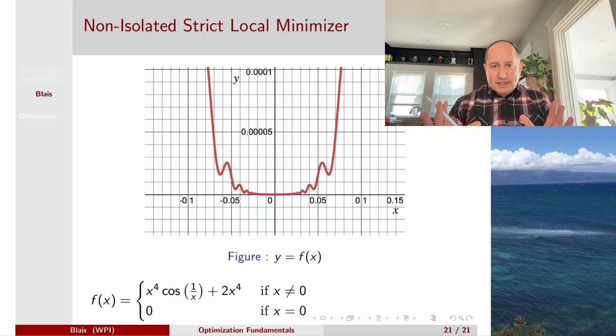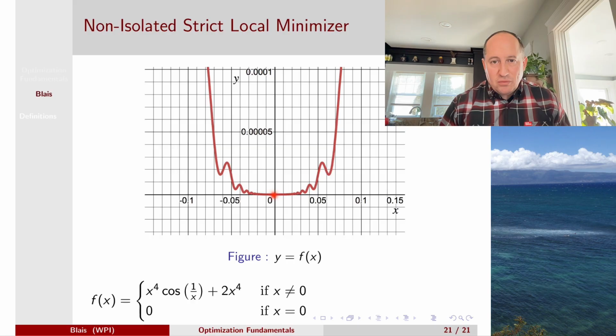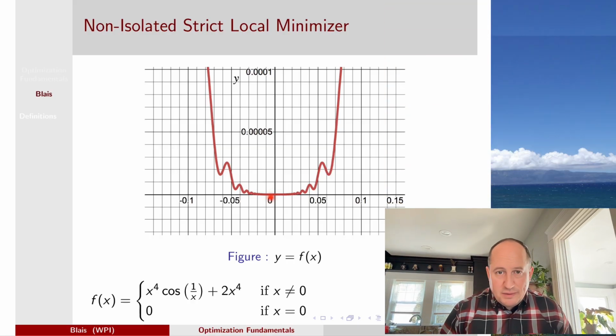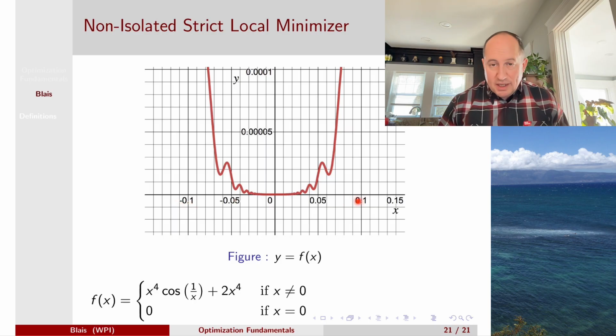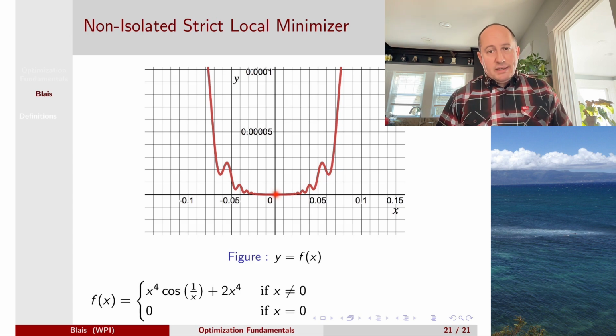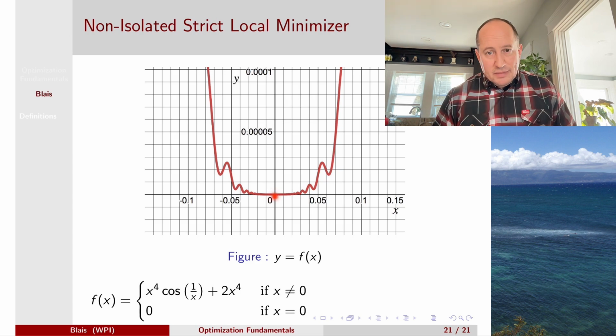So in this picture, is x equals 0 an isolated local minimizer? Well, it's not in this picture. If we tried to pick -0.1 to 0.1 as our neighborhood, we couldn't say that x equals 0 is the only local minimizer in there.